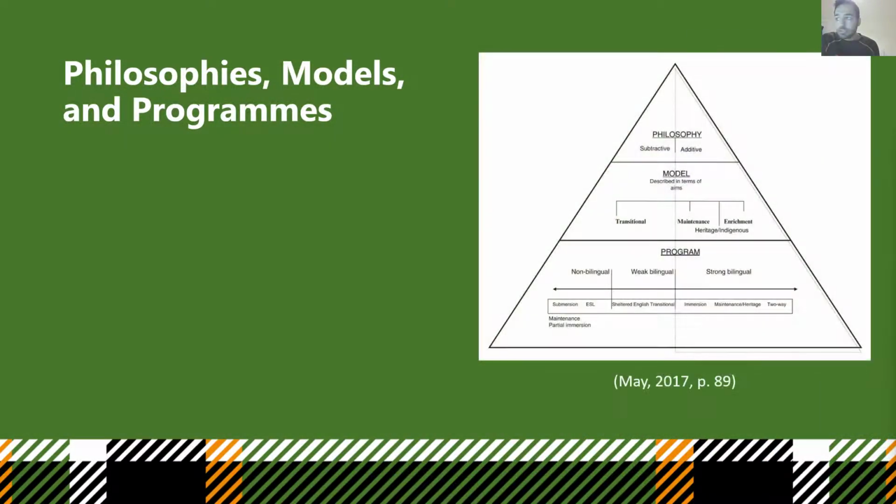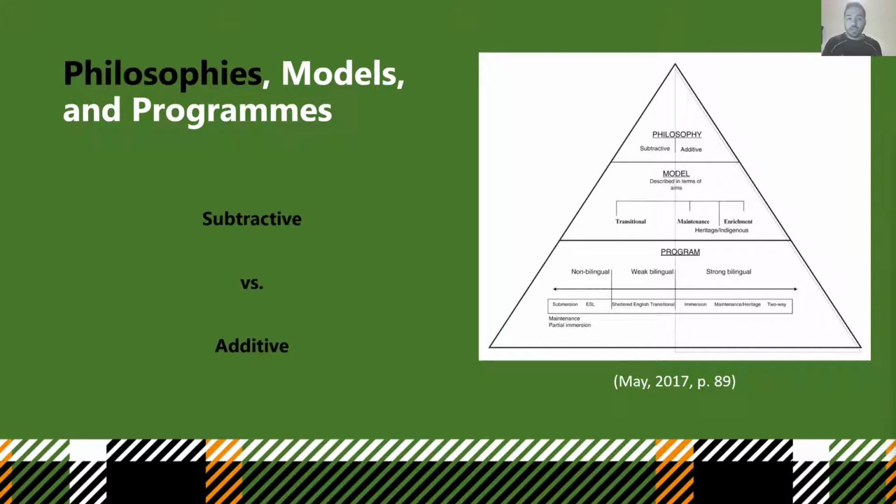Moving on to the philosophies, models, and programs, I would like to present this diagram from May that puts three different levels in the shape of a pyramid. Starting from the top with the philosophies, we have two main philosophies, subtractive and additive. The subtractive framework is one that supports language shift to the more powerful language of instruction.